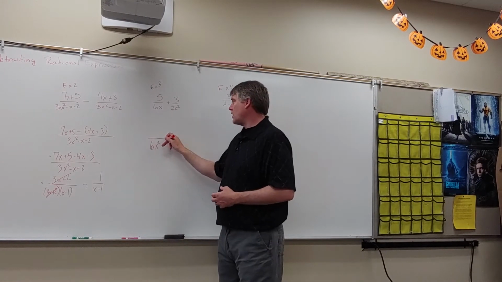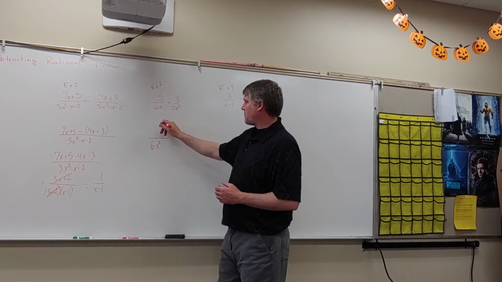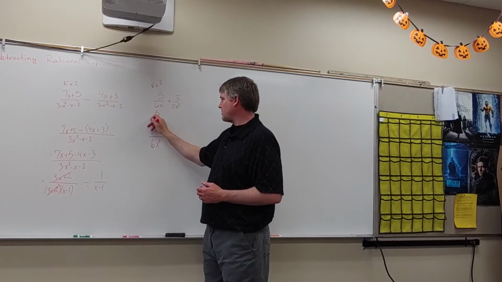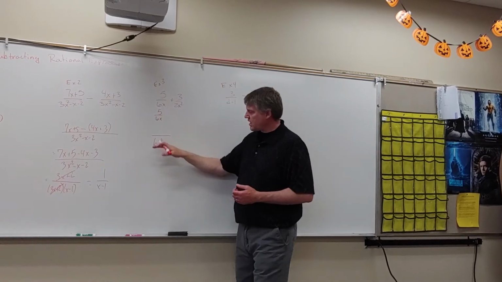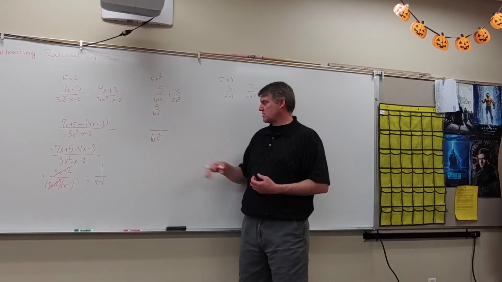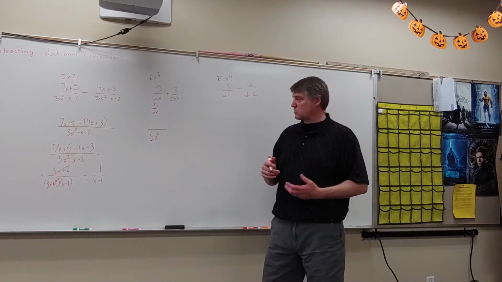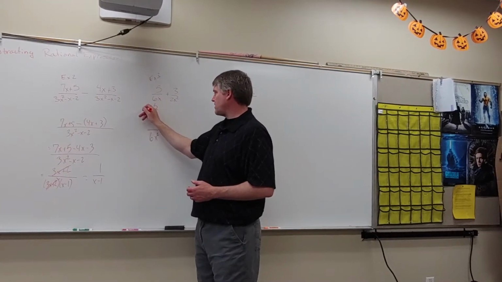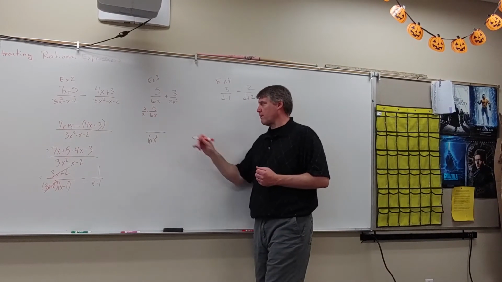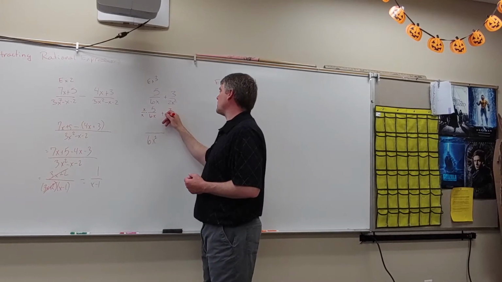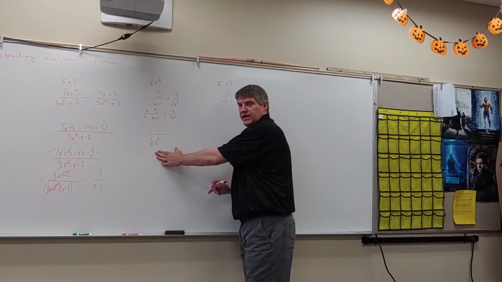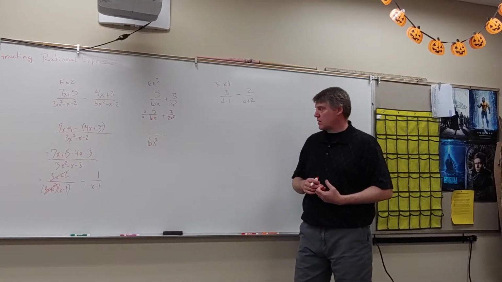Okay? So I'm going to come back up here. 5 times 6x. Well, 6x times what is going to give me x squared? Well, 6x times x is going to give me 6x squared. So I have to multiply the top and bottom by x over x. Okay? Plus 3 over 2x squared. Well, 2x squared times what is going to give me 6x squared?